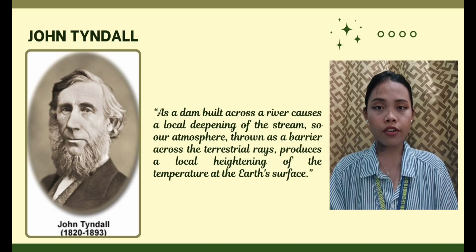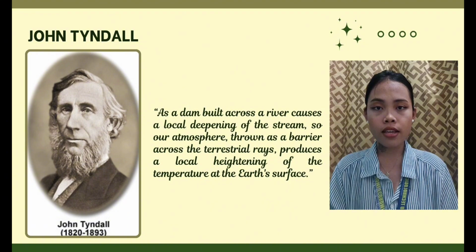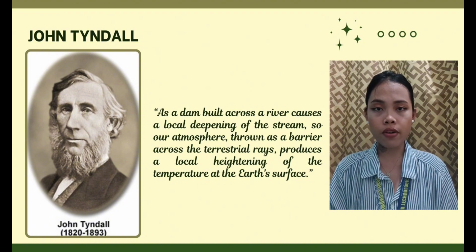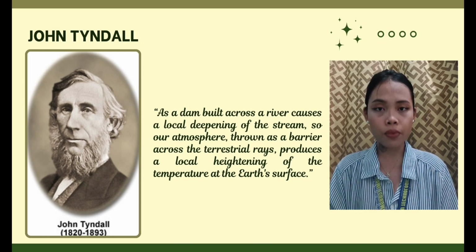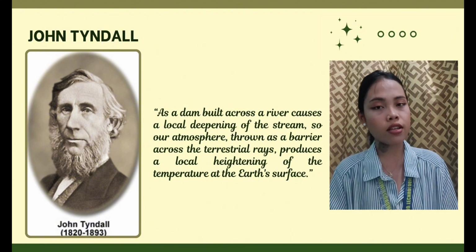The British engineer, physicist, and chemist John Tyndall quoted, "As a dam built across a river causes a local deepening of the stream, so our atmosphere, thrown as a barrier across the terrestrial rays, produces a local heightening of the temperature of the Earth's surface."